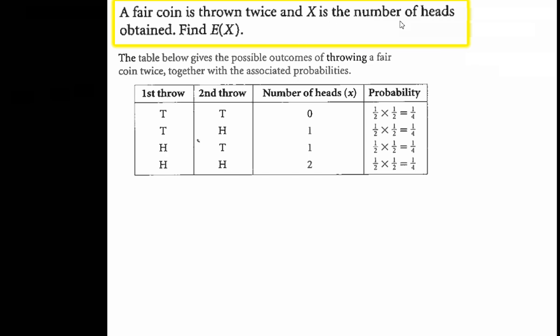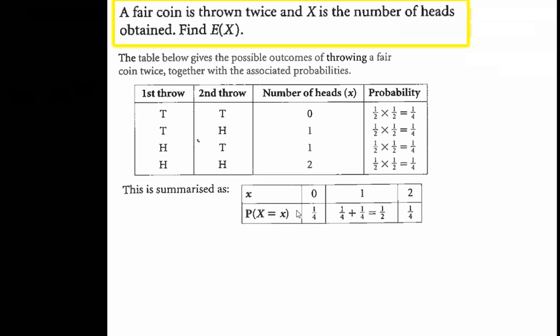And here they've defined x as the number of heads, so you get 0, 1, 1, 2. Probability is the same as before, a 1 in 4 chance of each of those. So to turn it into a table, you've got an option of 0, 1, or 2 as your x, with probabilities 1/4, then these two add to give you a half, a quarter plus a quarter is a half, and 1/4.